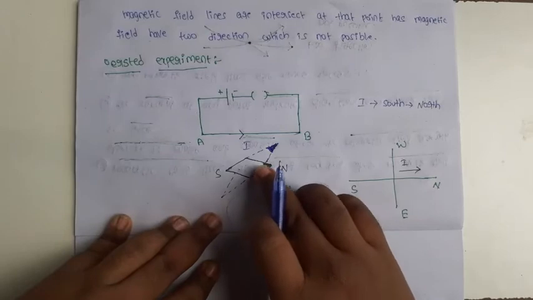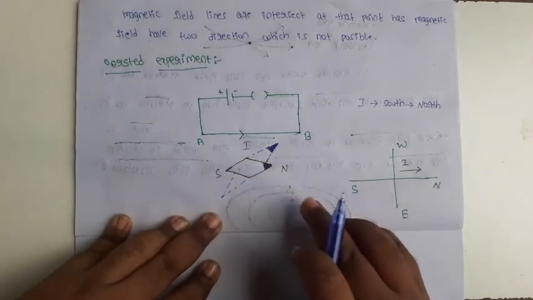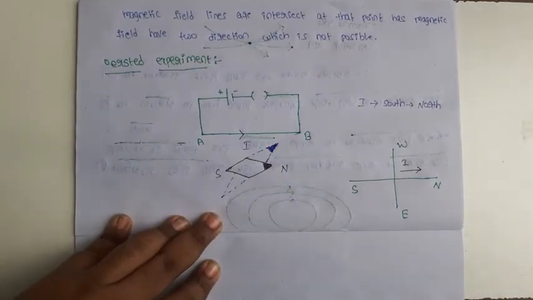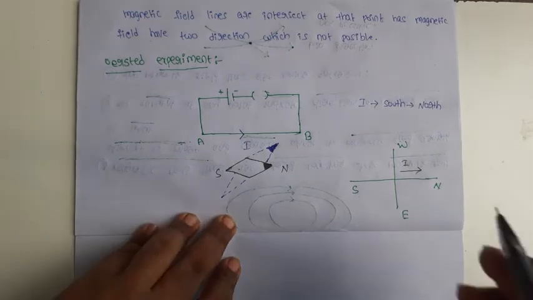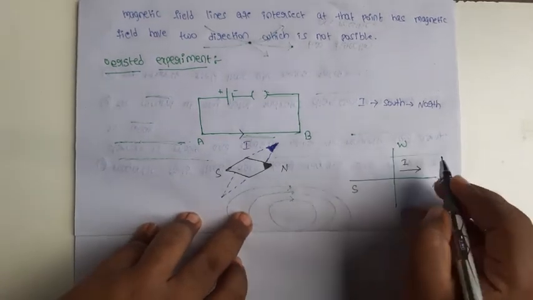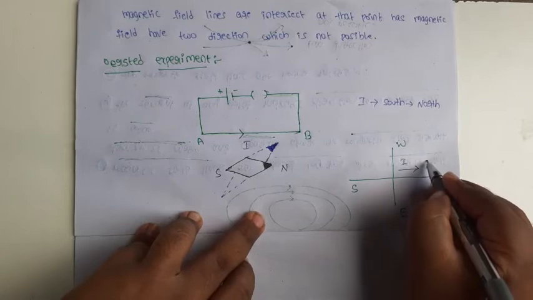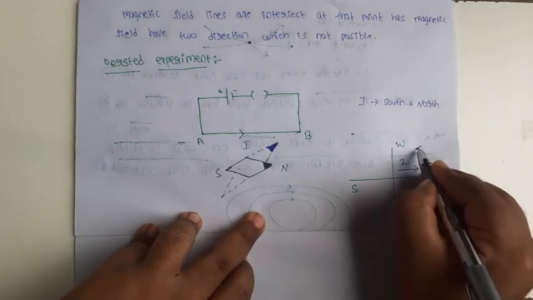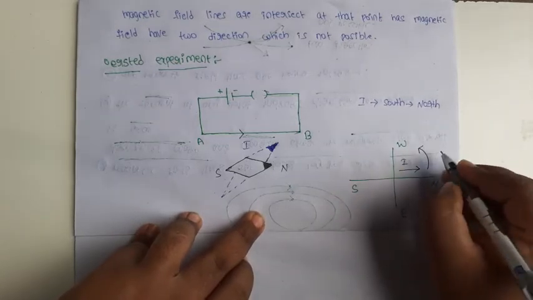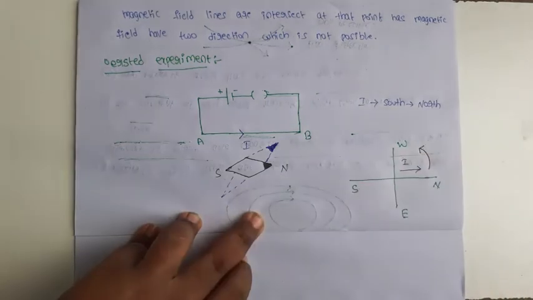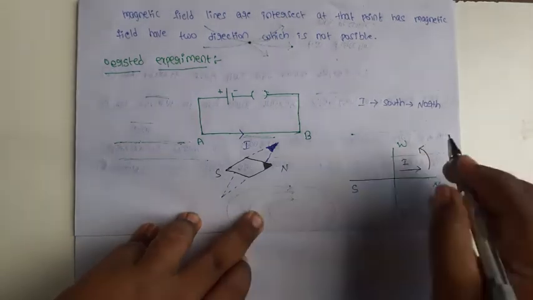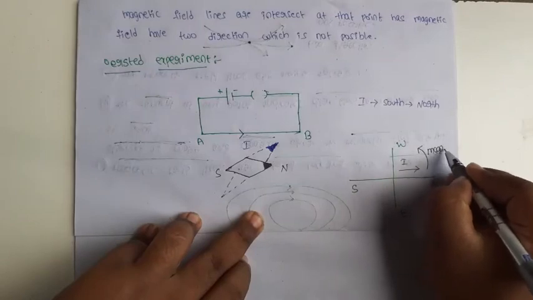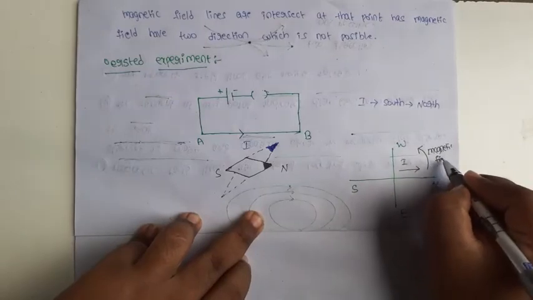The needle is deflected upward, meaning north to west direction. This is the north, this is the west. So the direction of the magnetic field is north to west direction.